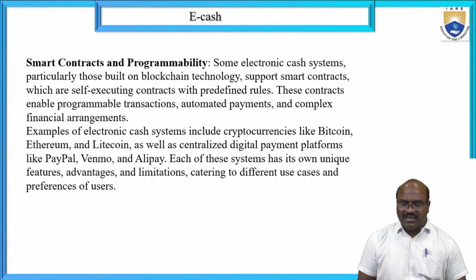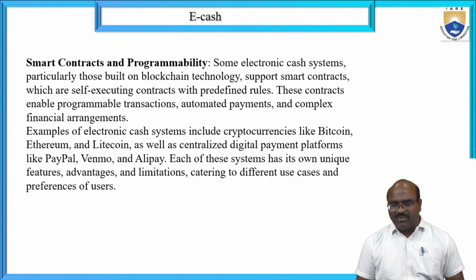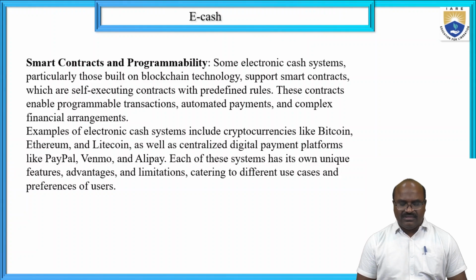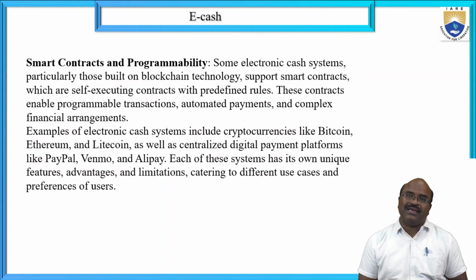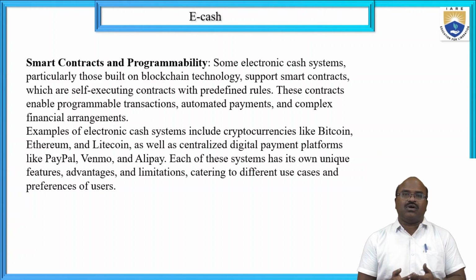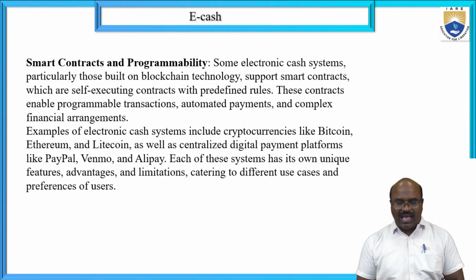As well as decentralized platforms, we can also maintain centralized digital payment platforms. For example, PayPal. PayPal looks like a bank wallet, and it is centralized. Some persons operate PayPal accounts, like Venmo and Alipay.